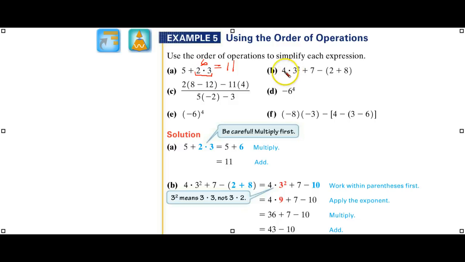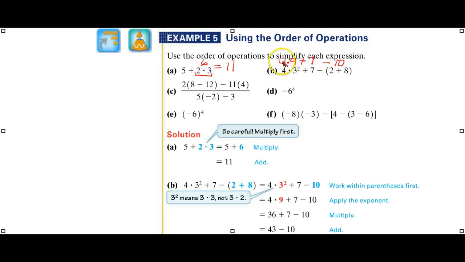Now, for this one, what do we do first? Do we multiply, do the exponent, or do what's in the parentheses first? Well, what's inside the parentheses. So this is going to be a negative 10 here. Now we raise this. 3 to the second is 9. And we have 4 times 9 plus 7 minus 10.